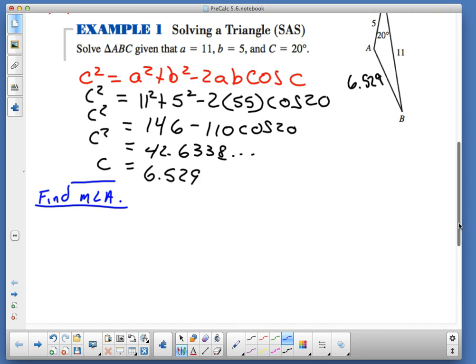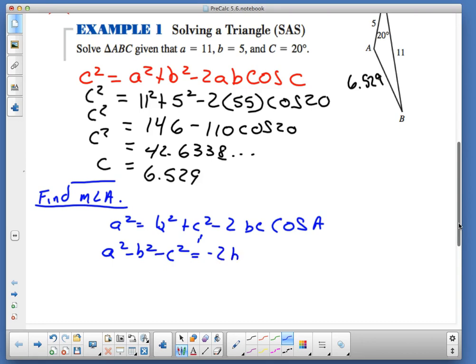I've got A, and remember A squared is equal to B squared plus C squared minus 2BC cosine of A. But we're looking for the cosine of A, so I'm going to manipulate this. I subtract B squared and subtract C squared. On the left side I've got A squared minus B squared minus C squared equal to negative 2BC cosine of A. Then I divide by negative 2BC.